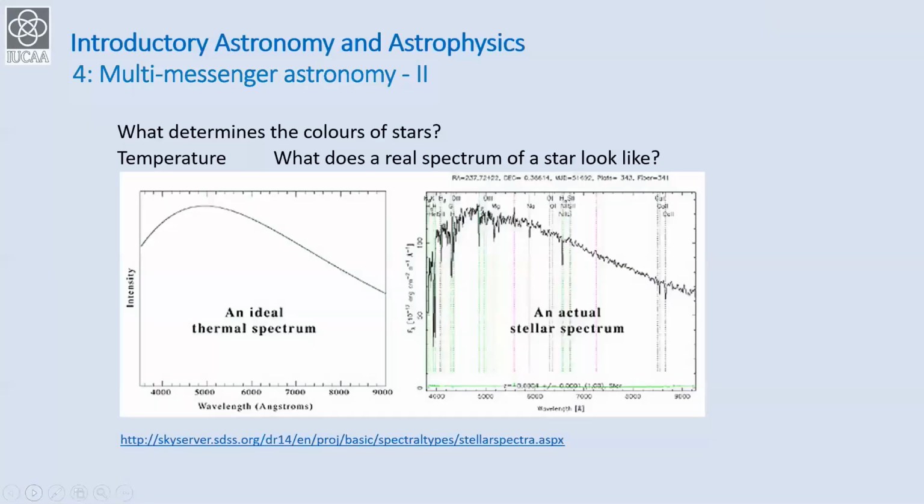Okay, now, I wanted to show you this because this is an ideal thermal spectrum. That is what we have talked about in terms of a black body. But if you took an actual spectrum of a star, you would find absorption lines superposed on this ideal black body thermal spectrum.